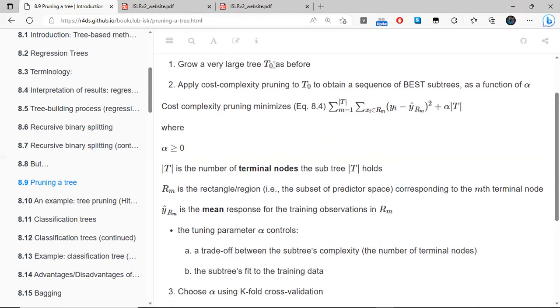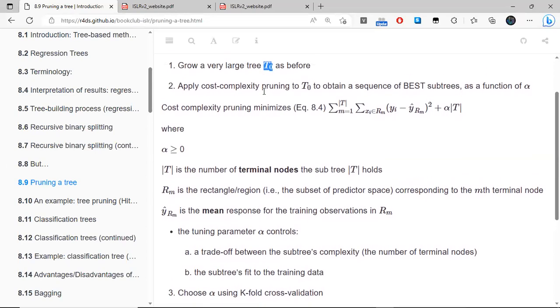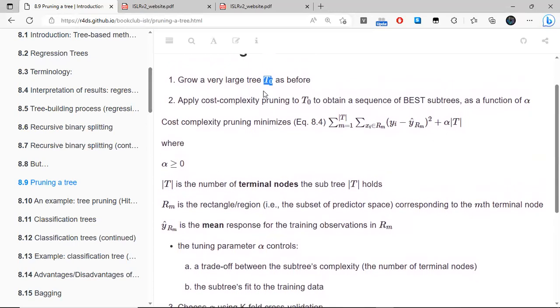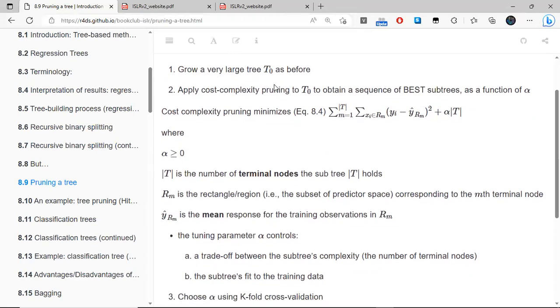But now that the tree has been created, we're going to get a subset of it for which our predictions are still good enough, but we now have a small number of regions. So there is no fear of overfitting the data.